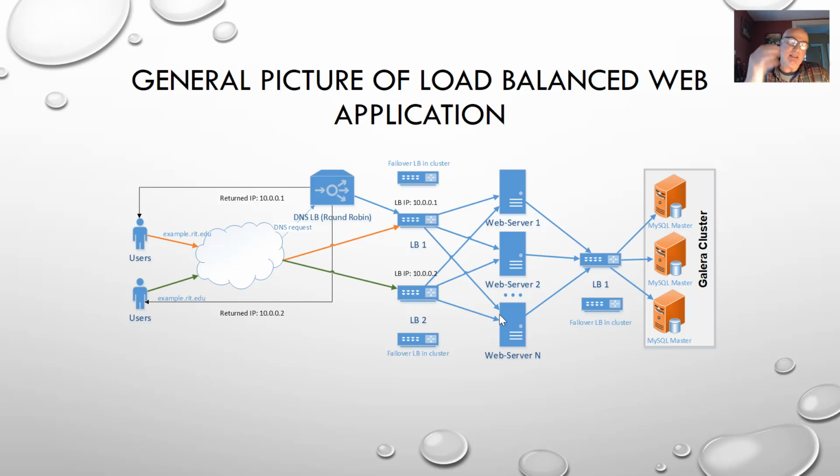Now let's look at the DNS load balancing out in the front there. The question becomes, how do you determine which load balancer an incoming connection should connect to? And the answer to that is through DNS. DNS has a load balancing algorithm built into it that allows you to return different IP addresses for different requests over time.